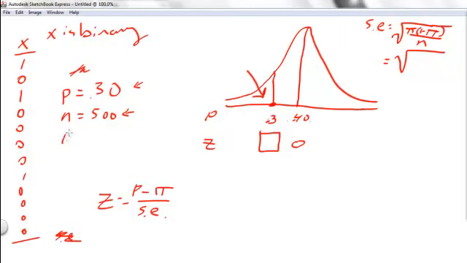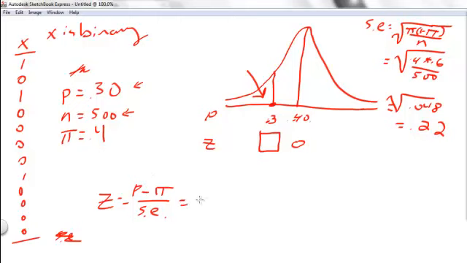We should have written that down over here because we want to write down everything we know in the same spot. So we've got 0.4 times 0.6 over 500, and that will give us the square root of 0.00048, which is 0.022. Okay, so that's the standard error, and we're going to put it here, right?